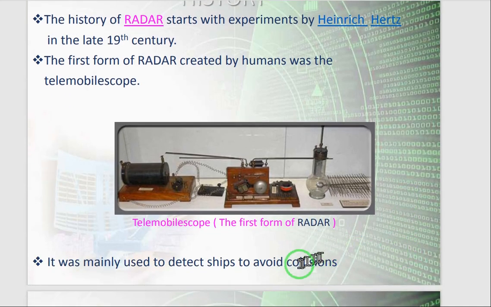It was mainly used to detect ships to avoid collisions. So first it was developed for ships in order to avoid collisions when there is fog or in winter when fog is present.